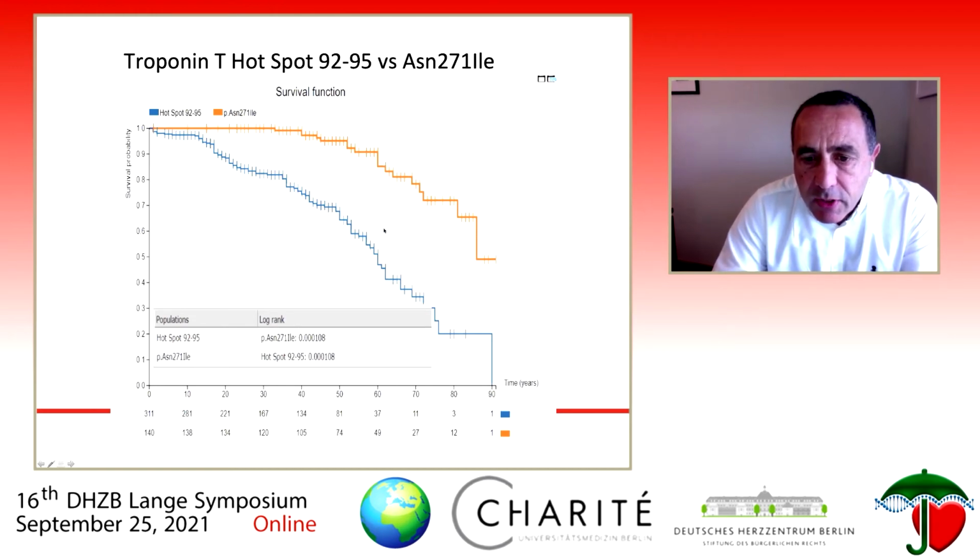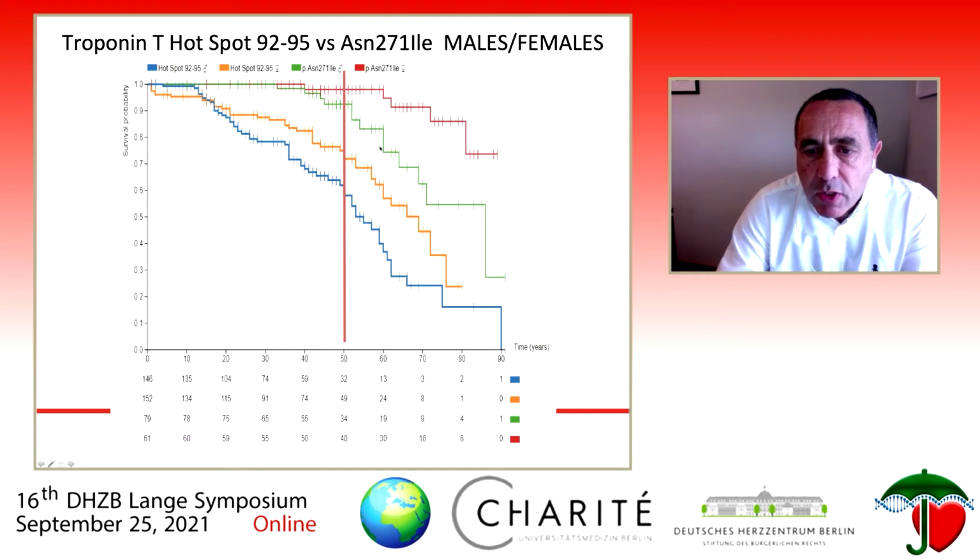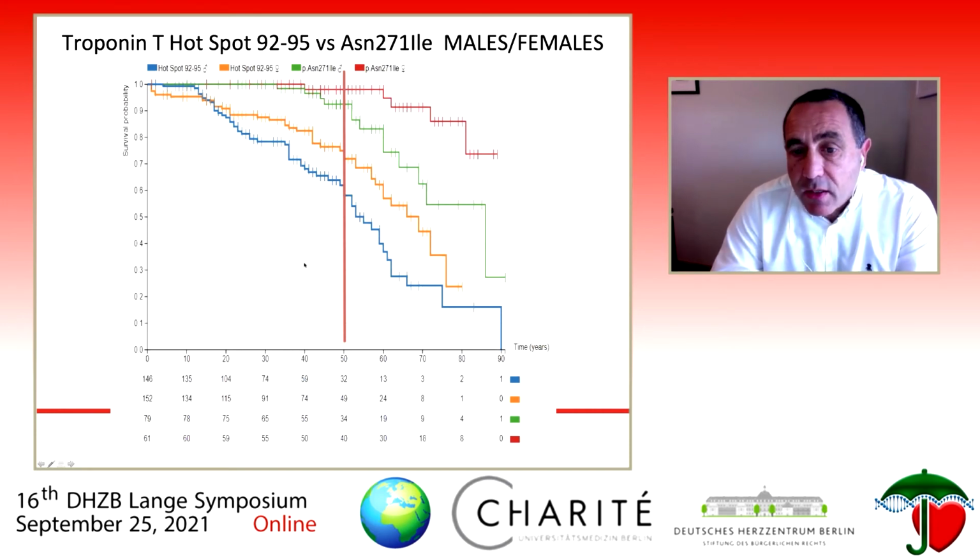And if we compare males and females, here you see these are females with the benign mutation 271, males with the same mutation, actually quite worse. These are females 92 to 95, and these are males 92 to 95. A huge difference: it is not only the gene, it's the genetic variant, and of course gender is important.